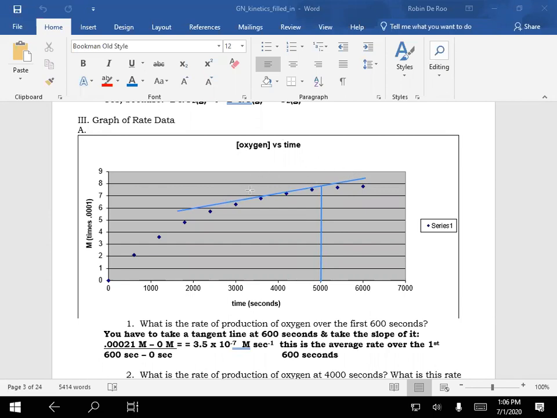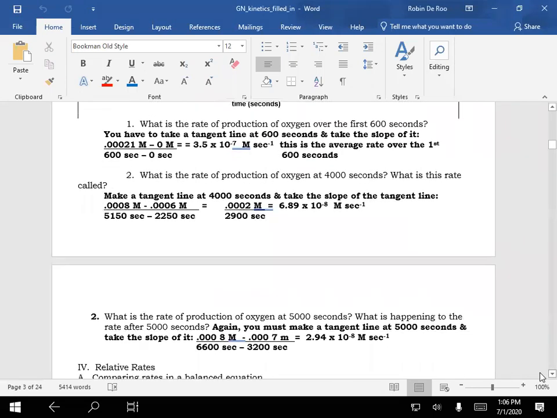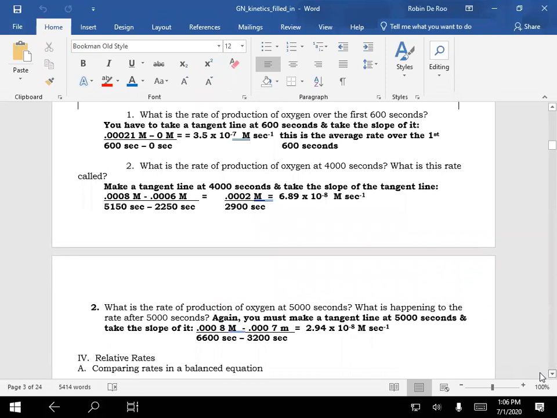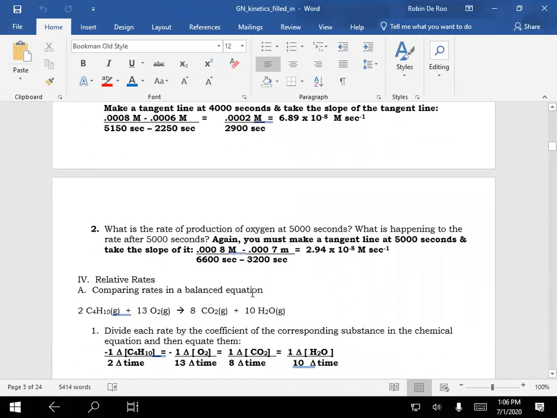And then we would get the slope of that tangent line. That would be an instantaneous rate as well. And the data that I got gave me 2.94 times 10 to the minus 8 molarity per second. So when you have to use a tangent line, you're obtaining the instantaneous rate.